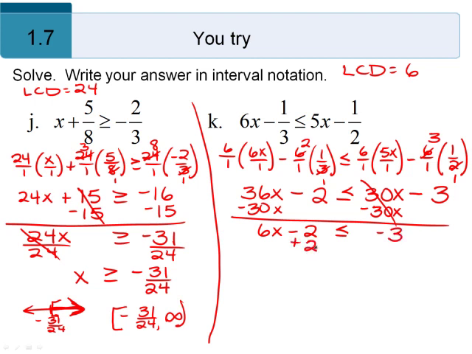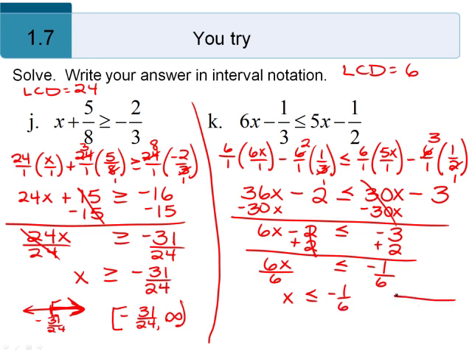Then add the 2 to both sides. So 6x comes down, and it's less than or equal to negative 1. Then divide by 6, and x is less than or equal to negative 1/6. So think about your number line. Here's negative 1/6.